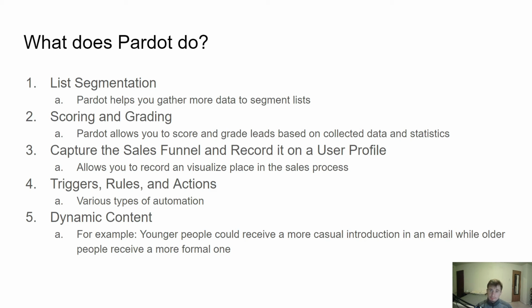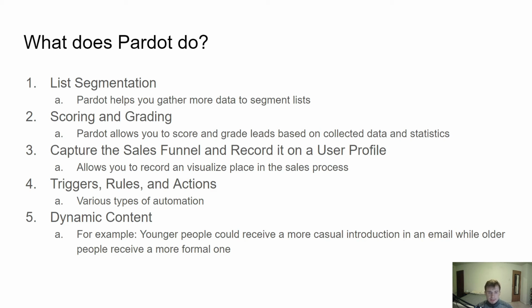Using Pardot, you can build out automations using triggers, rules, and actions. It's very similar to Salesforce in that regard, and can get very robust and complicated depending on what rules, actions, triggers you're creating.